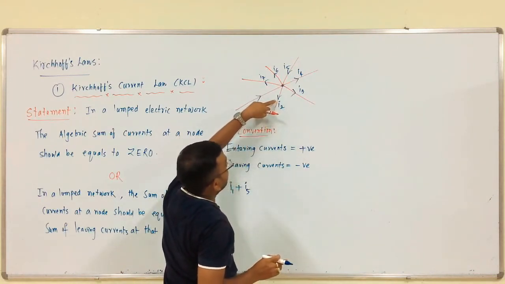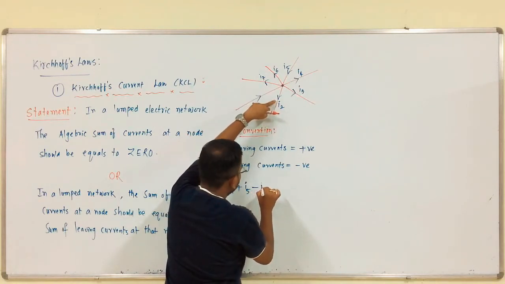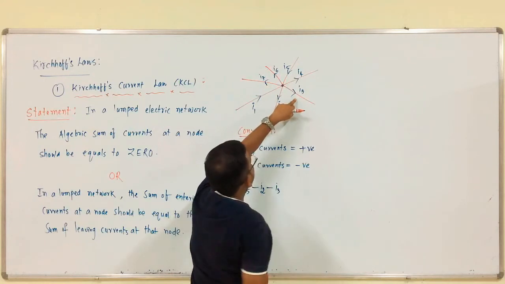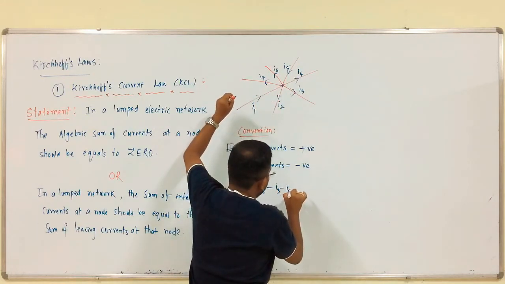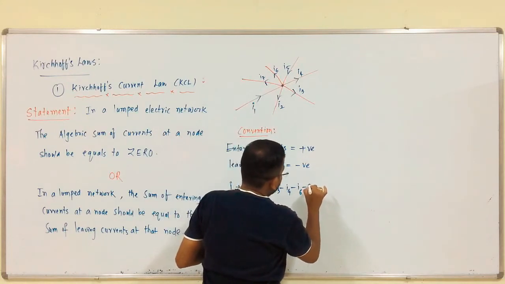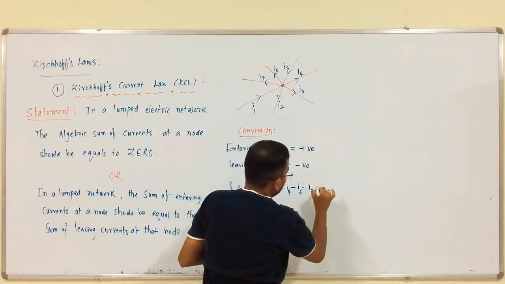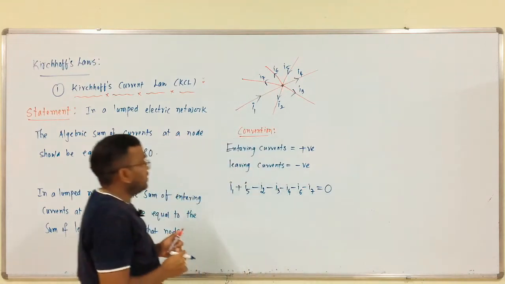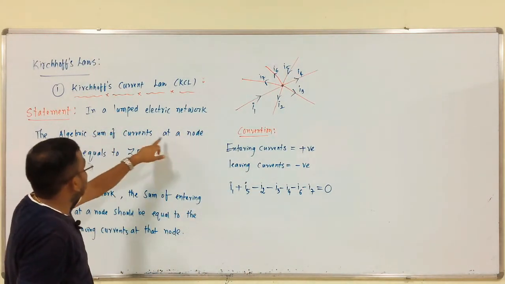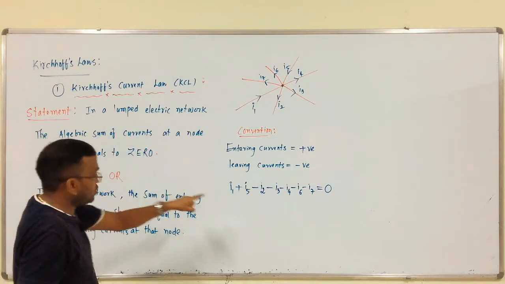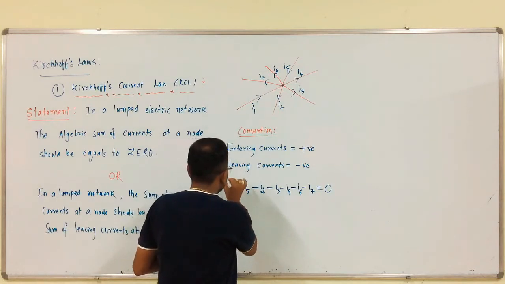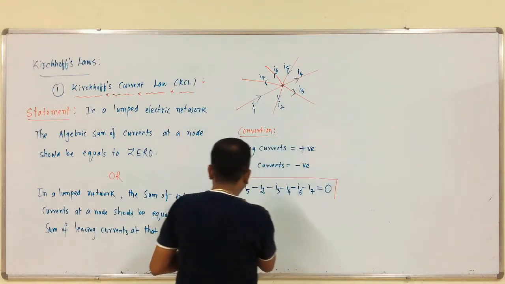I2 is leaving, that is minus I2. I3 is also leaving, minus I3. I4 is also leaving, minus I4. Next, I6 and I7 are also leaving, minus I6 minus I7, which equals 0. In a lumped electric network, the algebraic sum of currents at a node should be equal to 0.